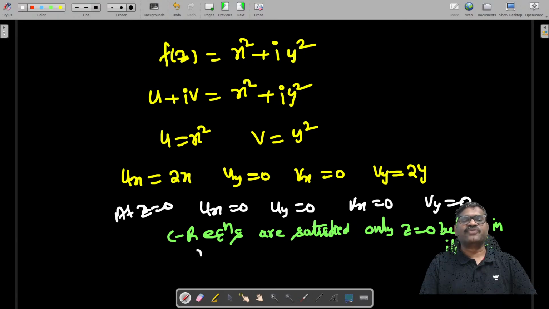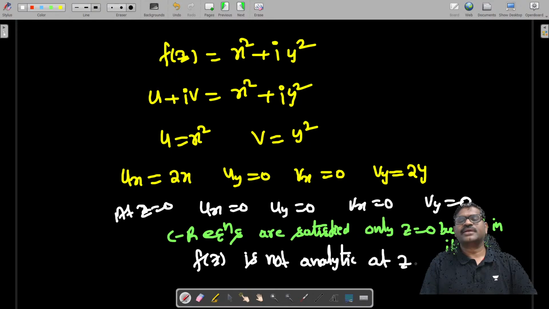Therefore, f of z is not analytic at z equal to 0. The function is not analytic at z equal to 0.